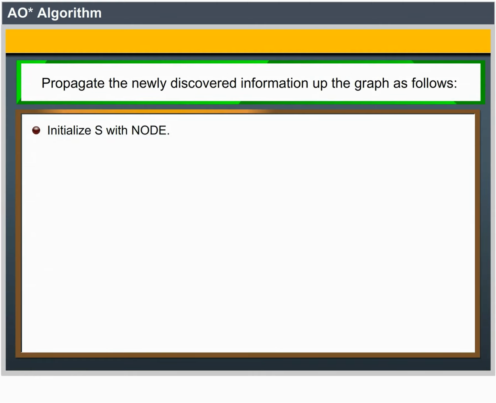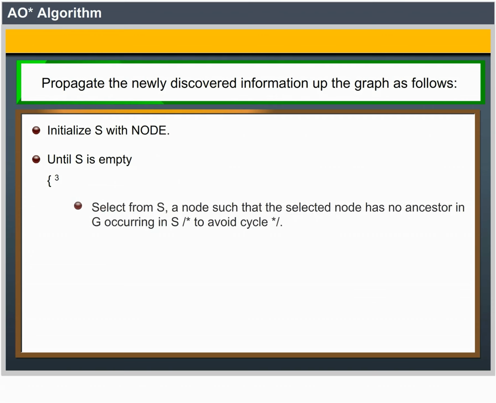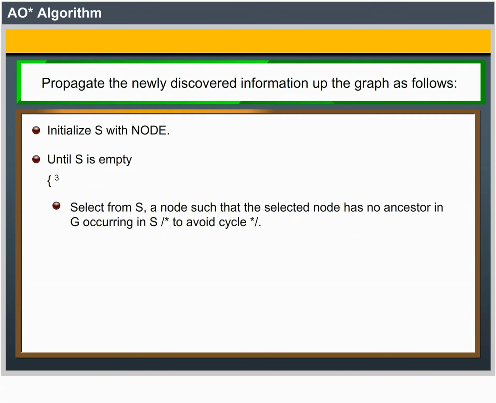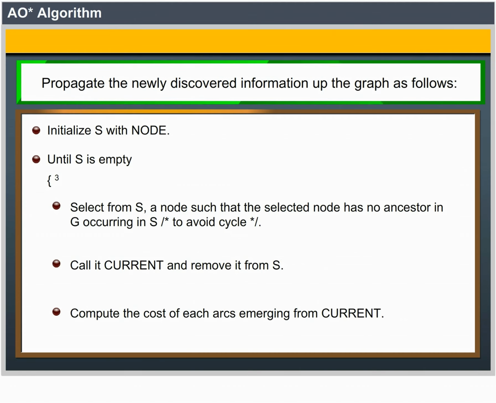Propagate the newly discovered information up the graph as follows. Initialize S with node, and repeat until S is empty. Select from S a node such that the selected node has no ancestor in G occurring in S, to avoid cycles. Call it current and remove it from S. Compute the cost of each arc emerging from current.